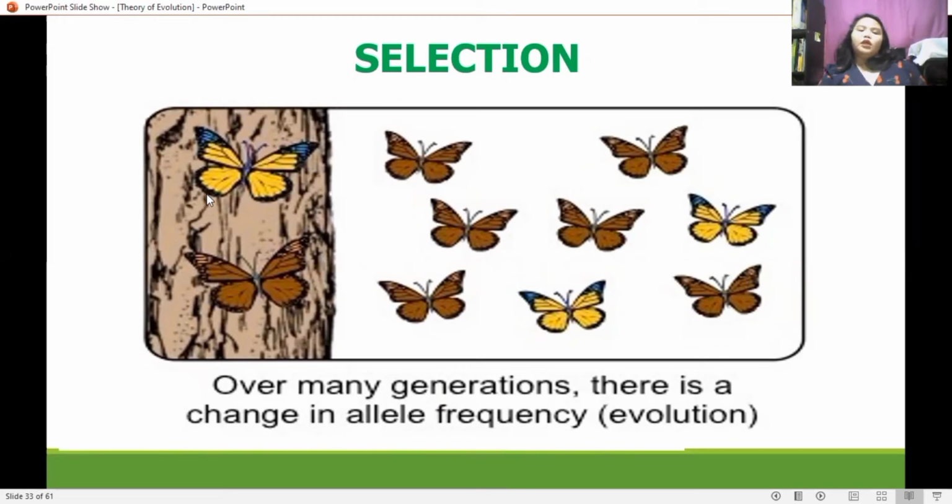So therefore, the brown ones have a higher chance of reproducing and passing their traits, which are suited for survival in their environment. Okay, there will be an increase of their traits, and then the yellow ones will decrease in population. All right. The nature selects, the environment itself selects what traits will be passed on to the next generation or what will, let us say, evolve.